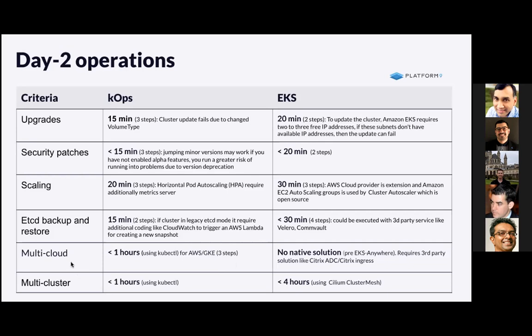Now, they recently announced what is called EKS Anywhere, which will allow you basically to run EKS quote unquote anywhere, whether it's on your on-prem data center or what have you. But again, there is no native solution for multi-cloud. If you truly want to go multi-cloud, if you go into AWS, it's going to be very difficult for you to move out of there.